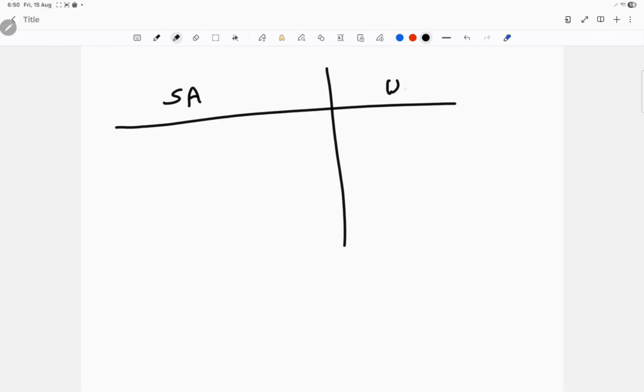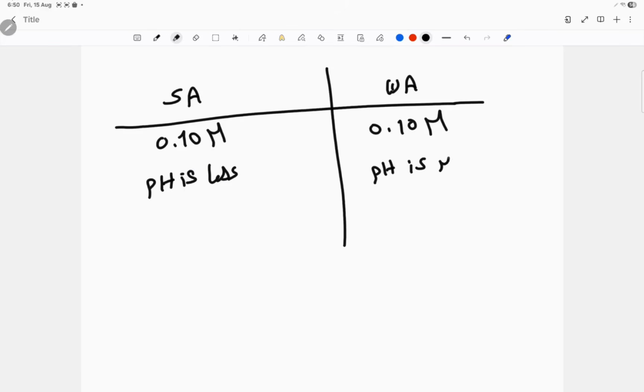Now, let's take a moment to understand something. Strong acid, weak acid. If here I have 0.10 molar and here I have 0.10 molar, which one do you think is going to have the lower pH? The stronger acid. Exactly, the pH is less here. The pH is more here. Which one is going to have more H plus?